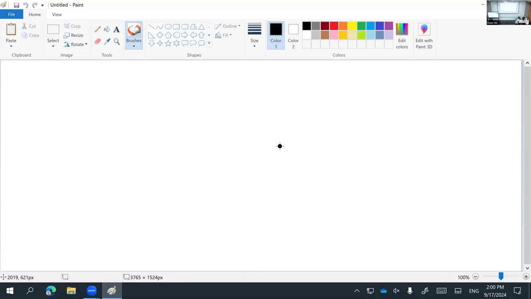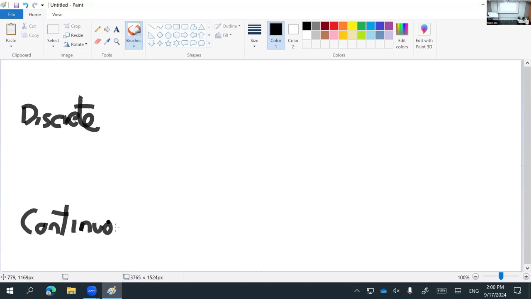So I'm going to separate my world into discrete and continuous. So the random variable can take on discrete or continuous values. That's what it means. Okay, so I separate into 2 worlds.